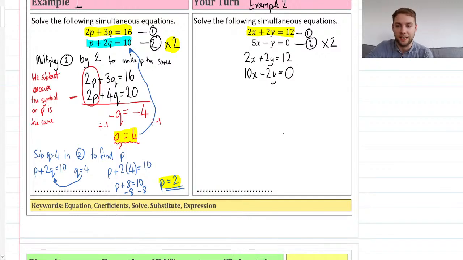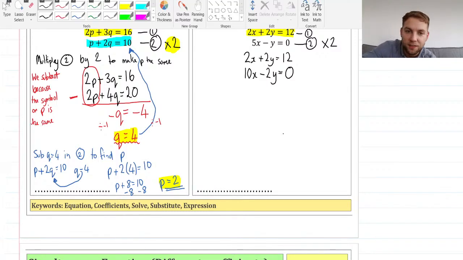So the next question is, now this is where we link back to what we did last lesson. Are the symbols on the coefficients which are the same, are the symbols on the numbers which are equal the same, or are they different? Well, looking at this y here, the symbols on the 2y are different, aren't they?